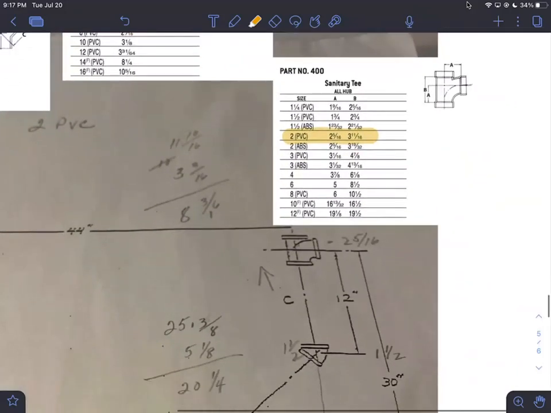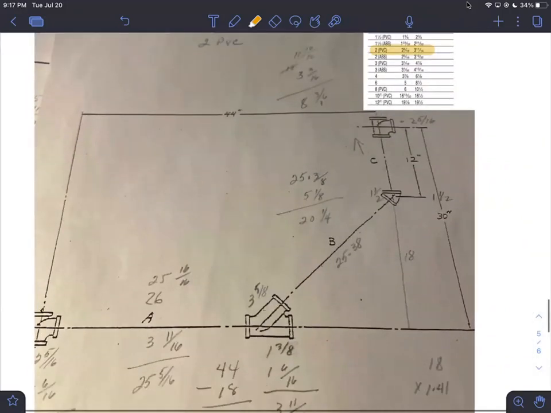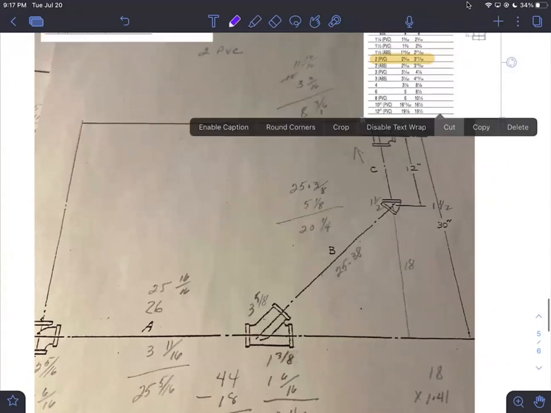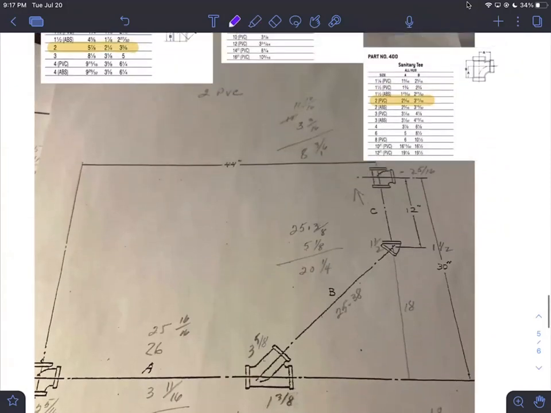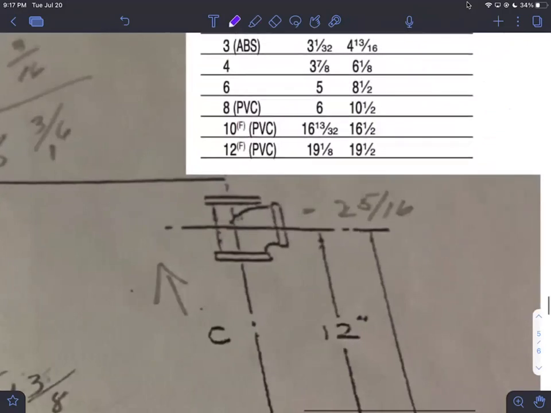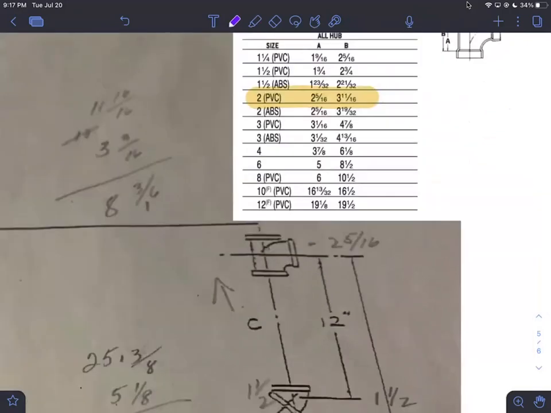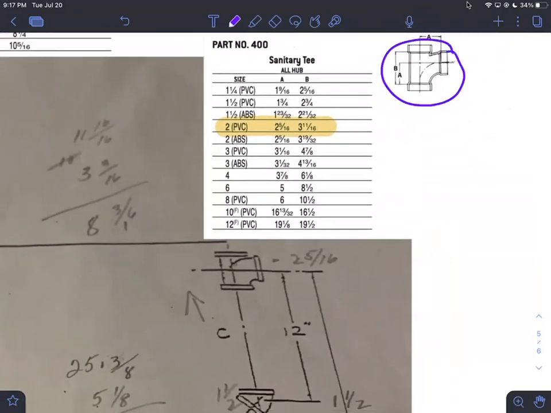So for example, this first one, again, ignore your values for now. I'm going to show you where I got these values from. But looking at this first one here on the right-hand side, I can see this particular shape is this one. I can see that this measurement right here is A, and A is 2 5/16.